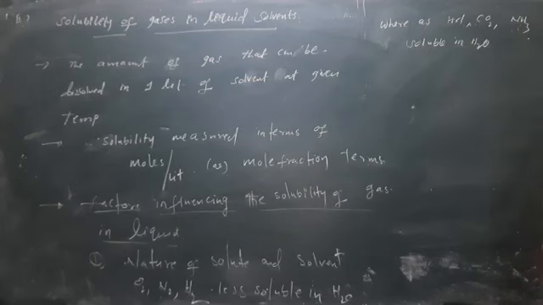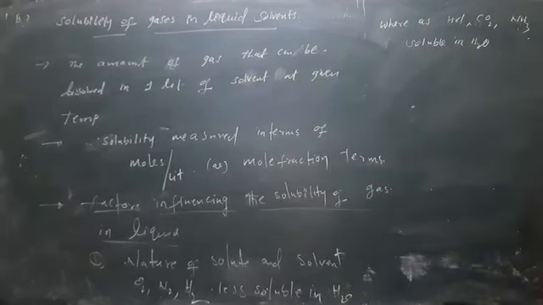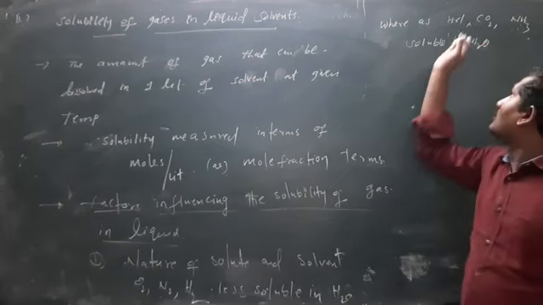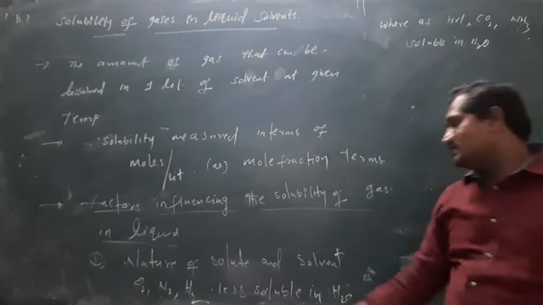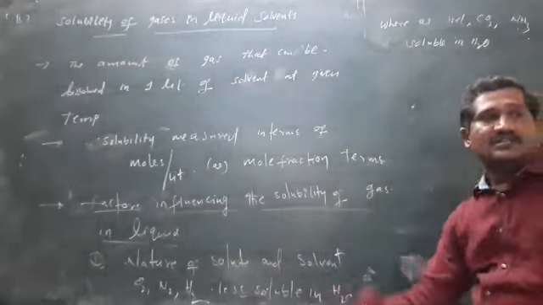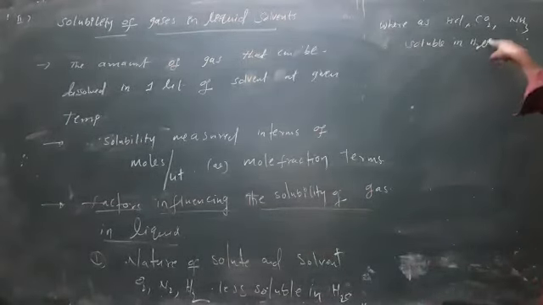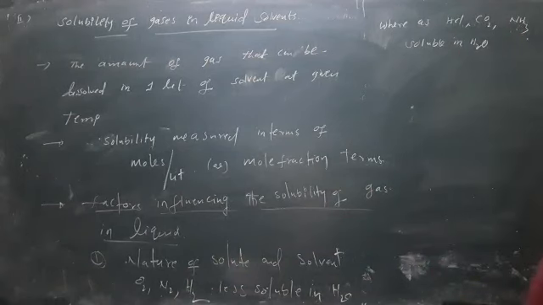What is the reason? These gases are less soluble and those gases are more soluble in water. Why? Because of the similar nature of water and those gases. Water is polar, and these gases are also polar. So these are well soluble in water. But oxygen, nitrogen, and hydrogen are nonpolar, unlike water.